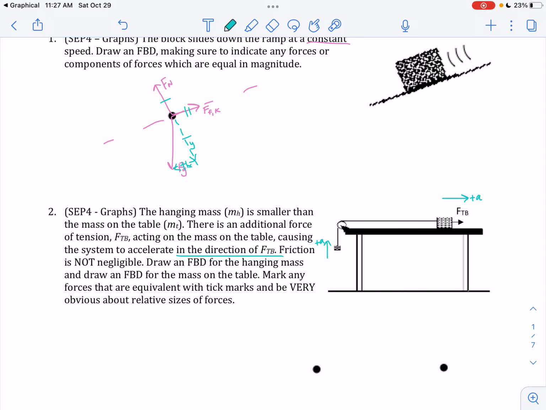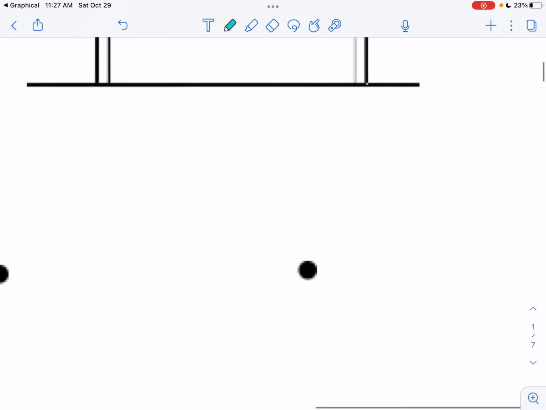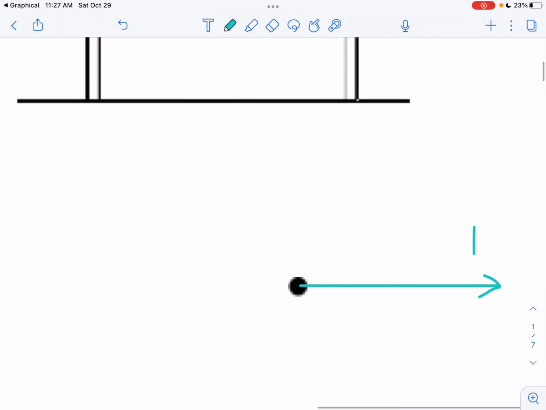We are also told that friction is not negligible. So what that means is I need to show that there's a force of friction on the block on the table. So I'm going to start with my FBD for the block on the table. I'm going to draw an FTB. And I'm going to call it FTB because that's what the problem tells me to call it.